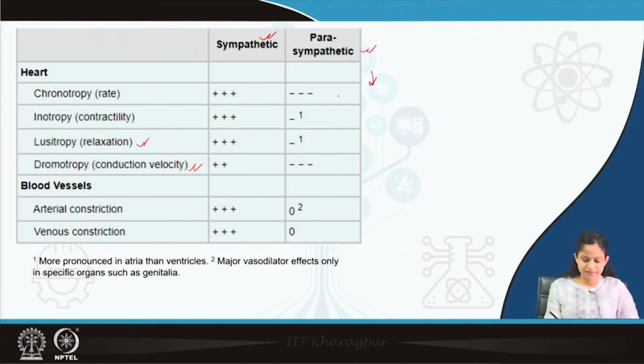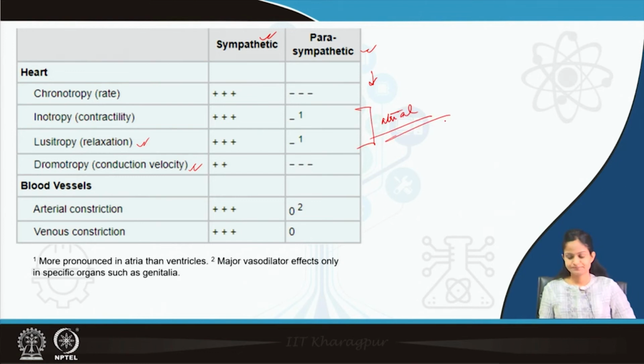Specifically the inotropy and lusitropy effects are related to the atrial musculature. In the blood vessels, parasympathetic usually does not have any innervation, except that major dilatory effects are seen in specific organs like the penis and genitalia. Besides that, for vasoconstriction, which includes arterial and venous constriction, the sympathetic innervation plays a very important role.